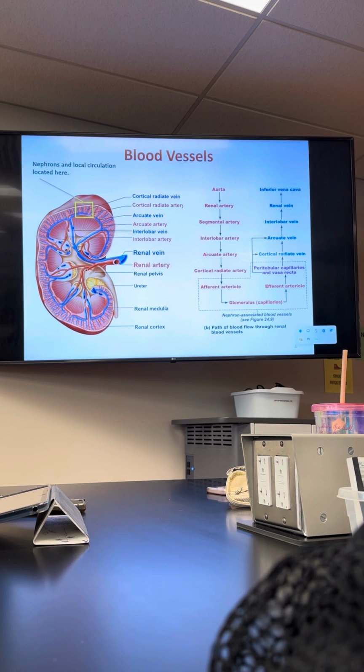The organ. 1, 2, 3, 4, 5. Okay, so can you point out where the afferent and efferent arterioles are and the glomerulus is on the board? There's one of the panels in there that has all of that. See if you can find it. Which one is afferent, which is efferent, and which one is the glomerulus?